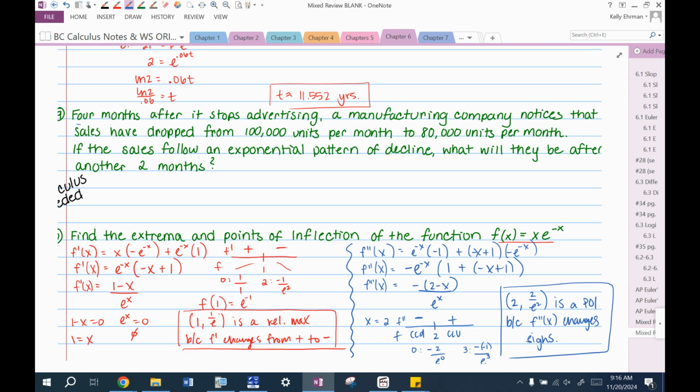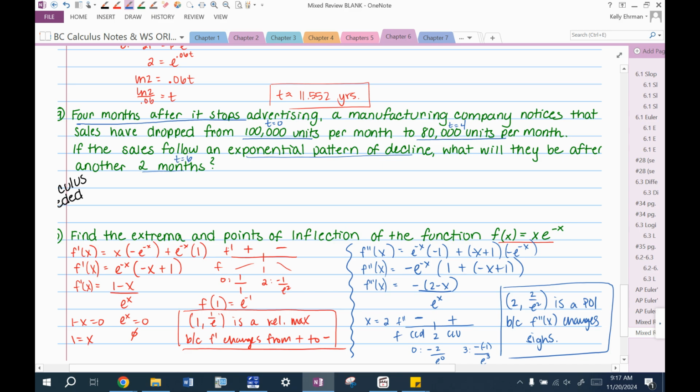So this says 4 months after it stops advertising, a manufacturing company notices that sales have dropped from 100,000 units. That would be when like t equals 0. Dropped to 80,000 units per month, and that's at t equals 4. If the sales follow an exponential pattern of decline, what will they be after another 2 months? So after another 2 months, 2 months after 4 months, that'll be when we plug in 6.